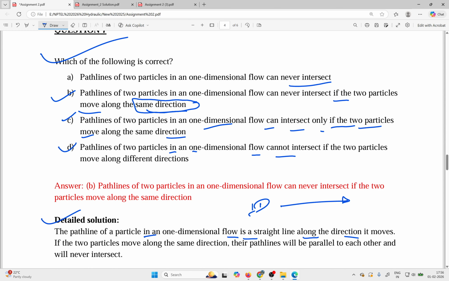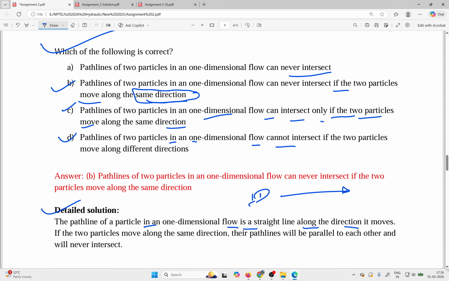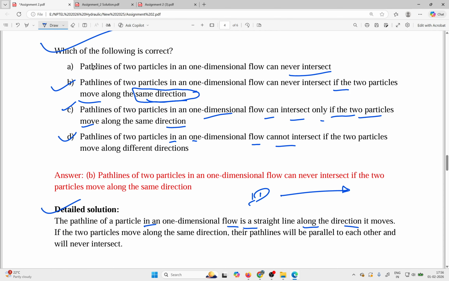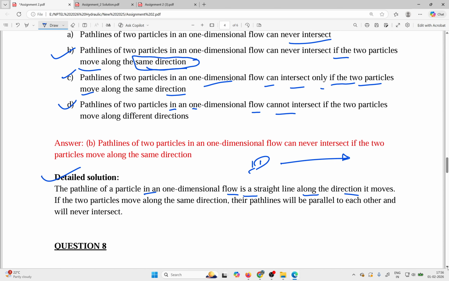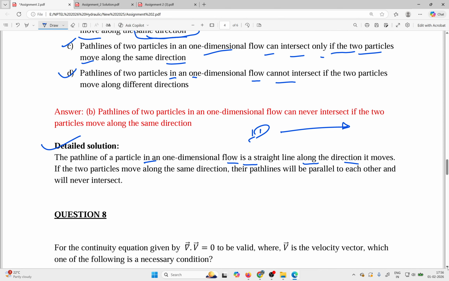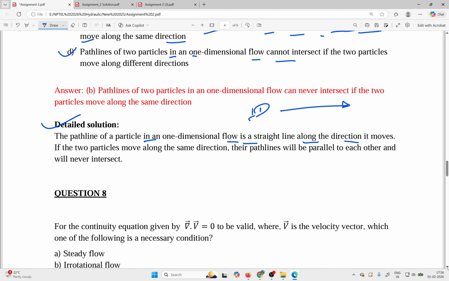So you have to choose the most appropriate one. If this was not there, then option A could also be correct. But in an objective type question, you have to go with the most appropriate.